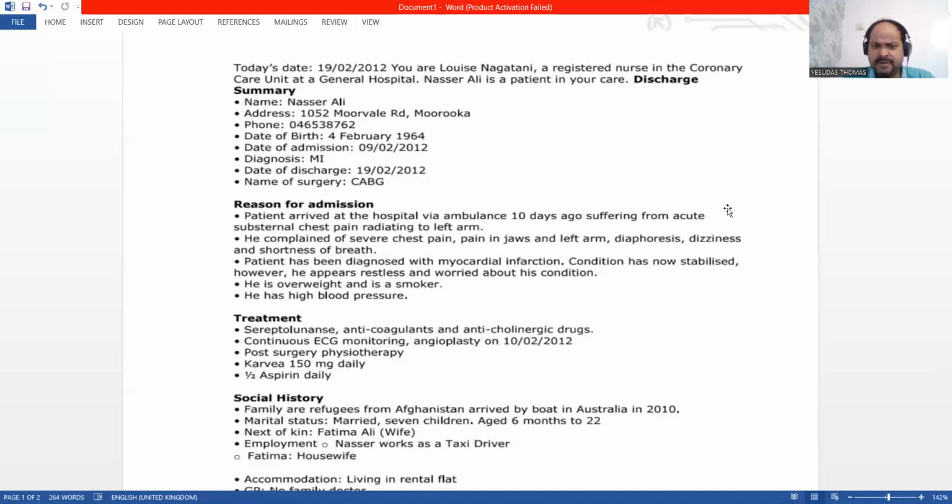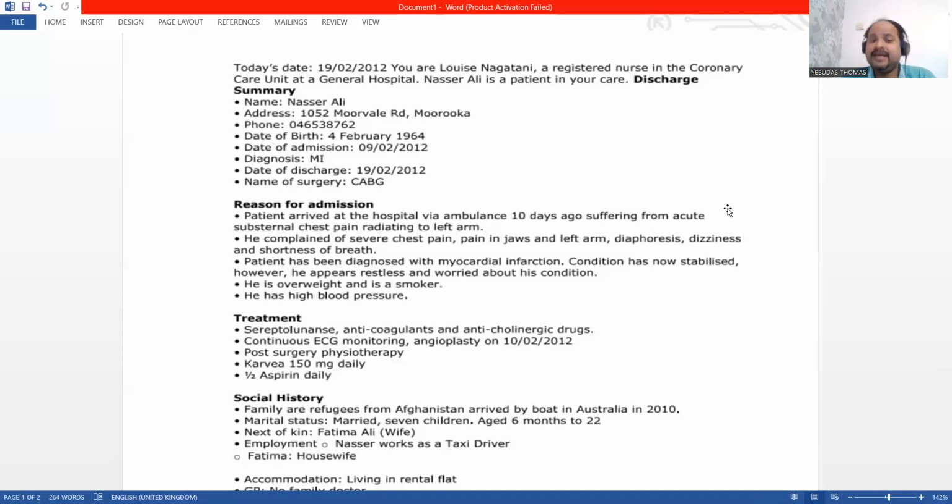Now we have the chest pain. We just don't need to write how he was admitted, whether he came in an ambulance or somewhere, and what were the presenting complaints, pain in the left jaw. No, we are not going to say that because we are writing to a social worker.